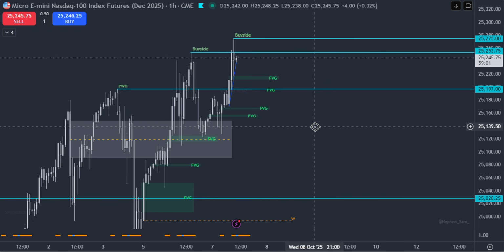So your strategy is all on your market maker models. Once you understand market maker models, you will understand it on any time frame. And I do have a playlist. If you want to look at some free stuff, look at the playlist, and I introduce to you market maker models.